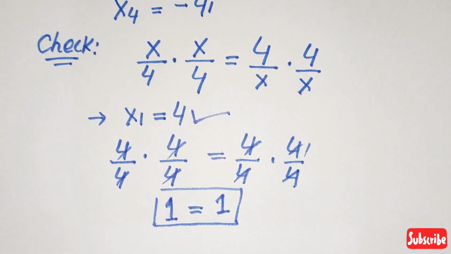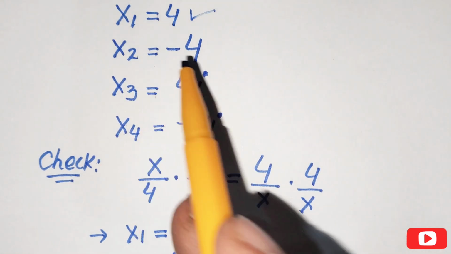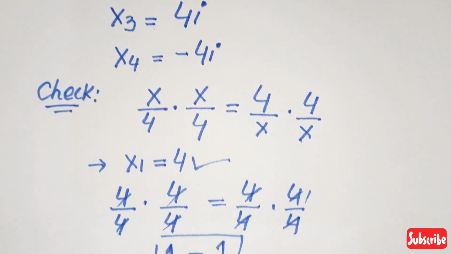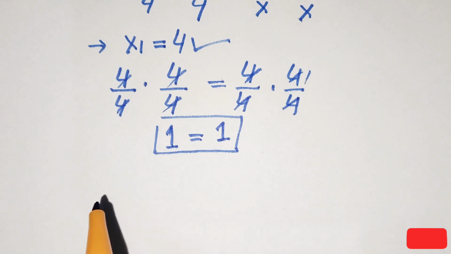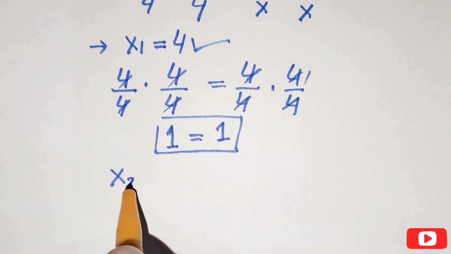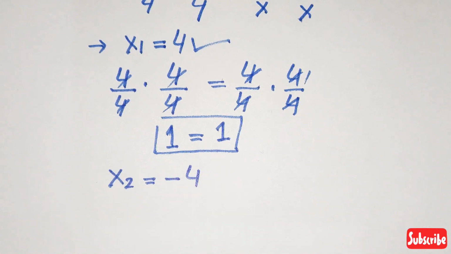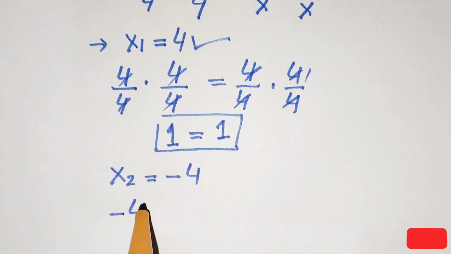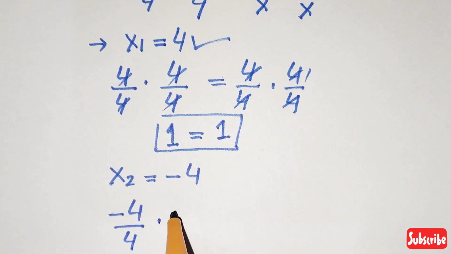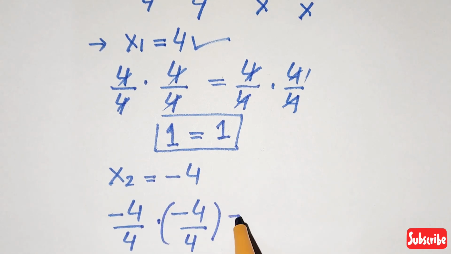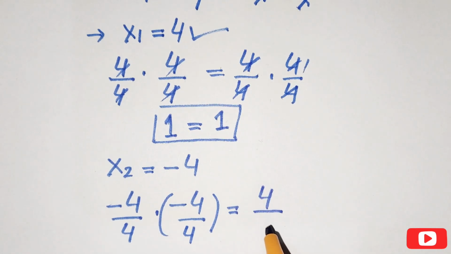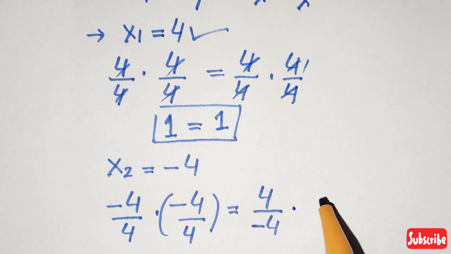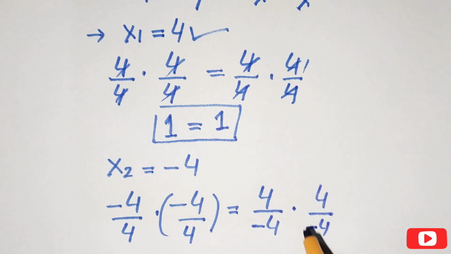Now we check our other value, which is x2 is equal to minus 4. So when x2 is equal to minus 4, our x divided by 4 becomes minus 4 divided by 4 times minus 4 divided by 4. We are just writing the parentheses. Then 4 over x, where the value of x is minus 4, gives 4 over minus 4 times 4 over minus 4.